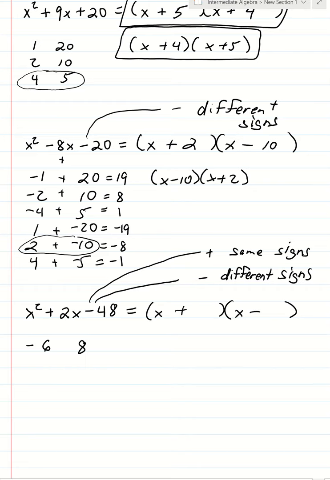Because negative 6 times 8 does equal a negative 48, and negative 6 plus 8 adds up to the positive 2. So let me put my numbers into my parentheses. So we're going to have x plus 8 as well as x minus 6. That would be your solution, your factored polynomial. Okay? Hopefully you did okay with that one.